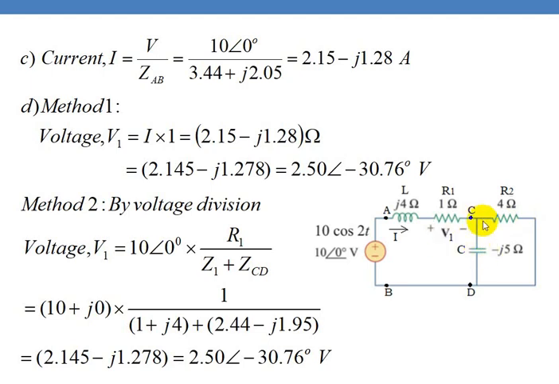Similarly, if you want to find the current through resistance R2, the total current should be multiplied with the opposite branch reactance. In this case, it is minus j5 divided by the sum of these two, that is 4 minus j5.